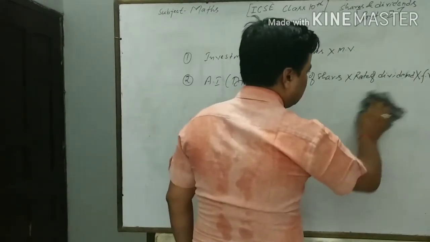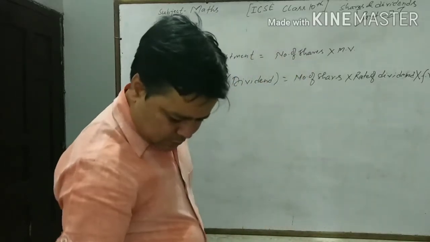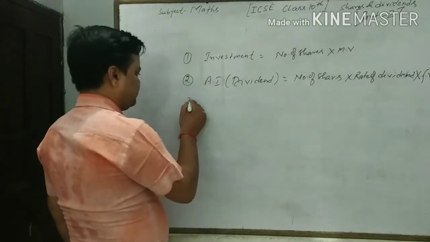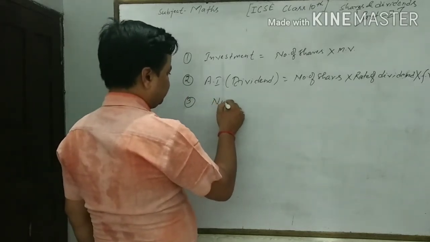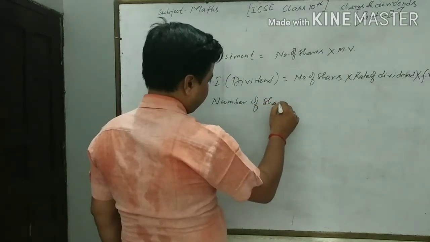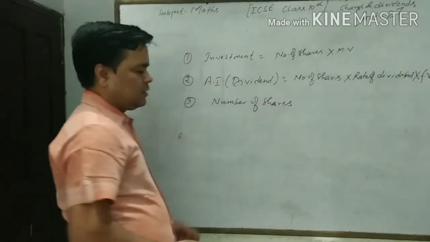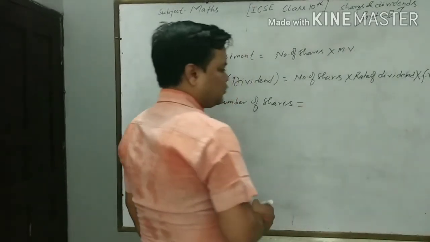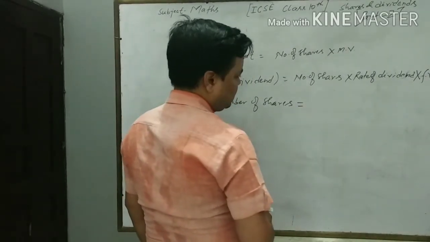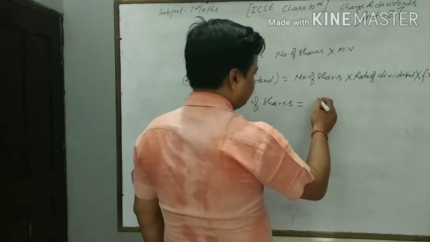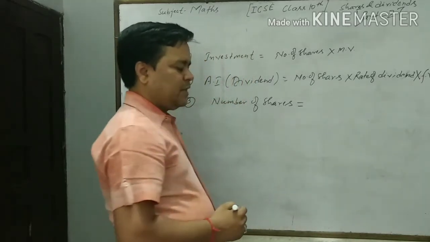Okay. The third one is number of shares. For the number of shares we have 2 formulas. The first one is number of shares is equal to investment upon market value.